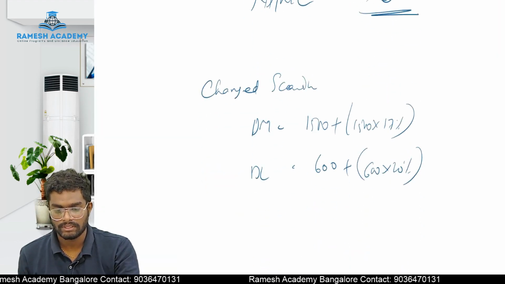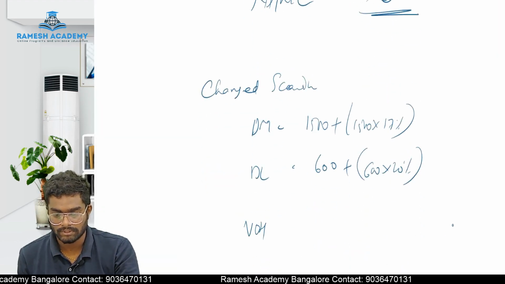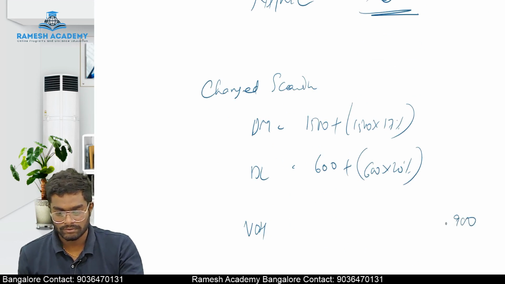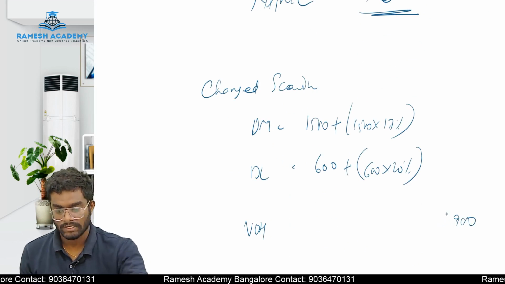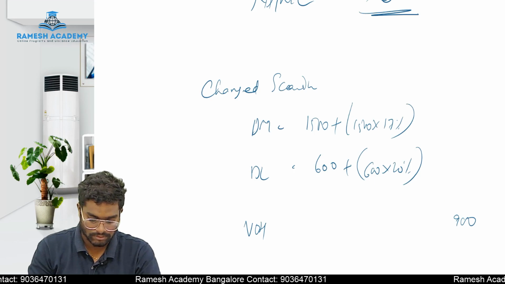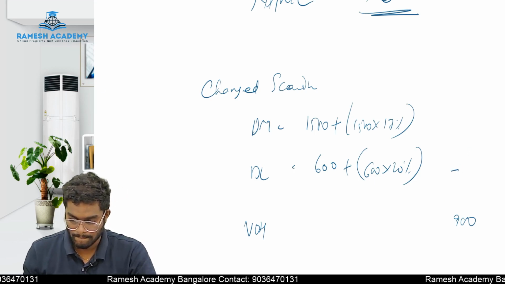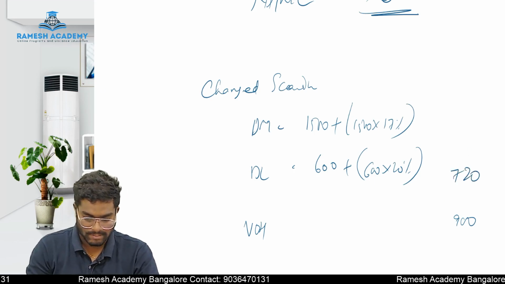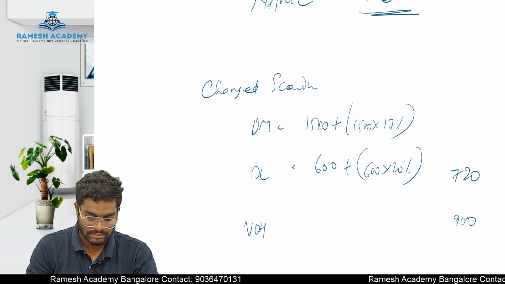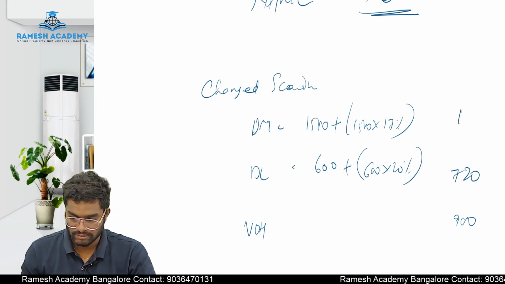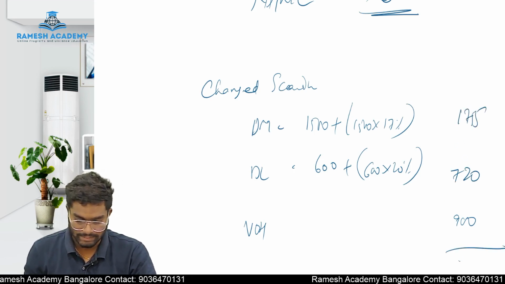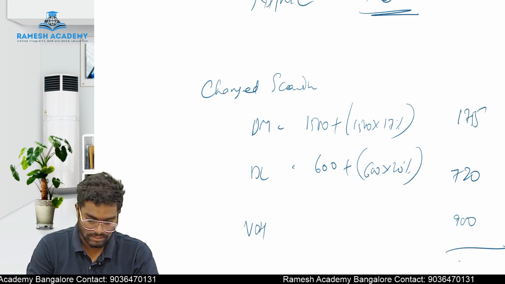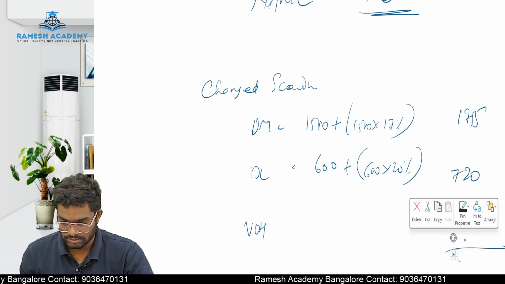Variable overhead has no increase, so variable overhead is 900 only. So 600 plus 20% is 720. 1500 plus 17% is 1755. Add it up.